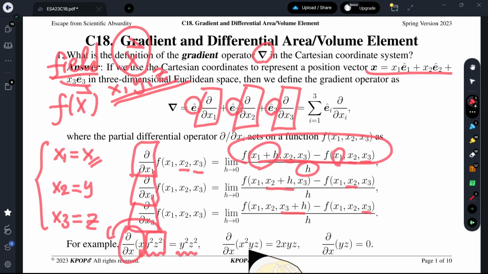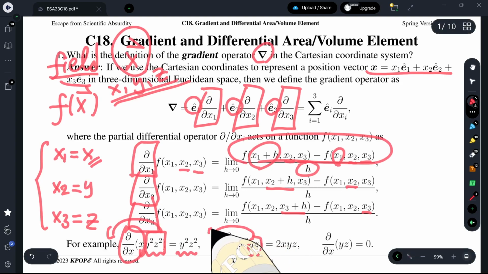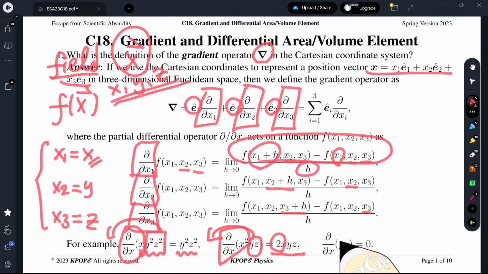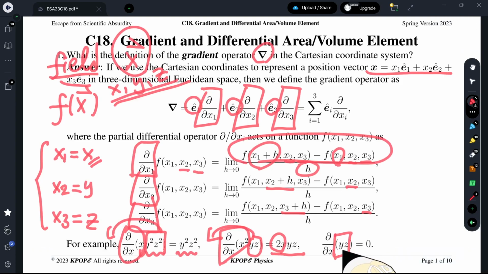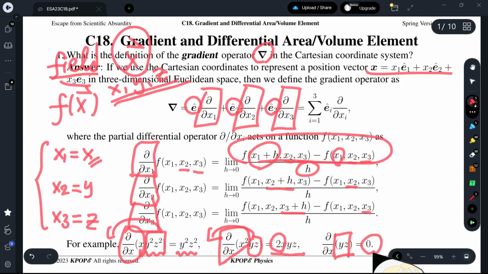If I have x squared yz, I can pull this yz out, and the derivative of this is 2x. The final result is this. If the function does not have any x dependence, then it simply vanishes.